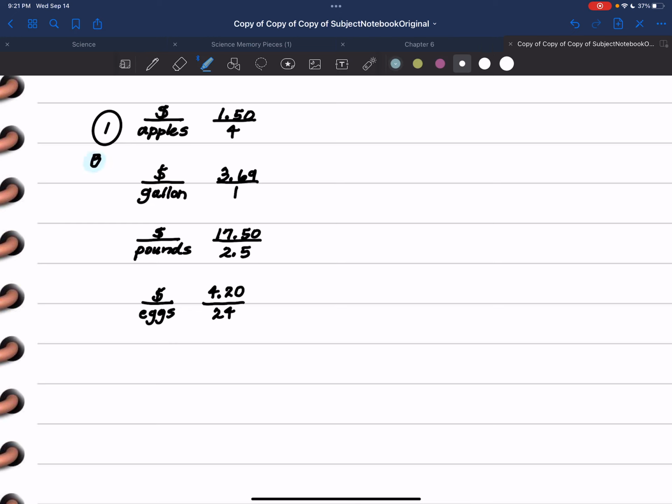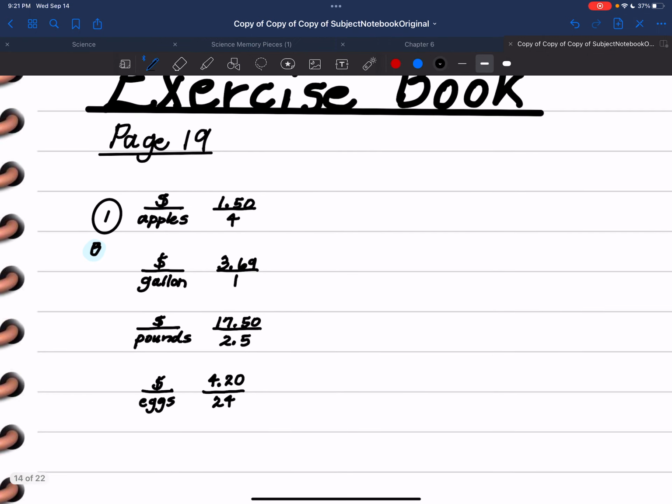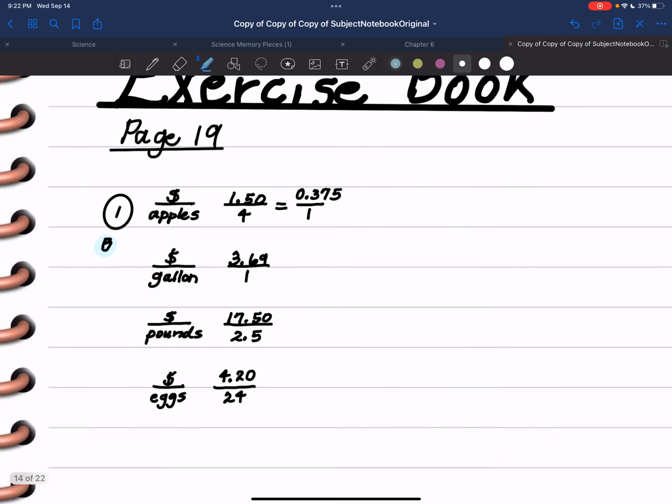But let's go ahead and find the unit rates for all of these, because this is exercise, this is practice. So this one, remember, to get a unit rate, you just have to divide 150 by 4, and that's going to be 0.375. So that's about 38 cents an apple. That doesn't look right to me, but yeah. Okay. This one was already a unit rate. That was our answer that we chose.